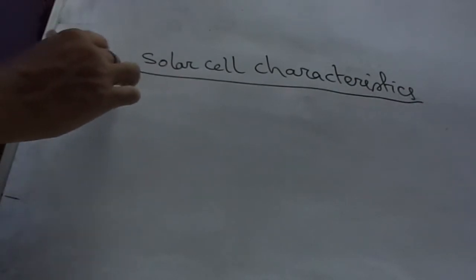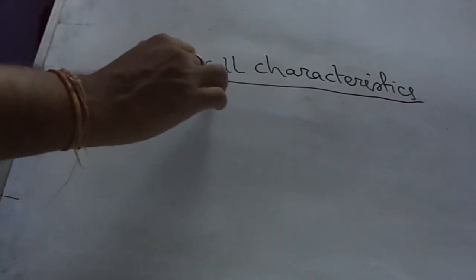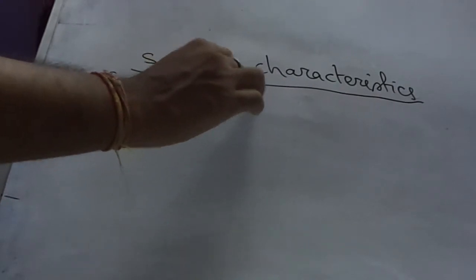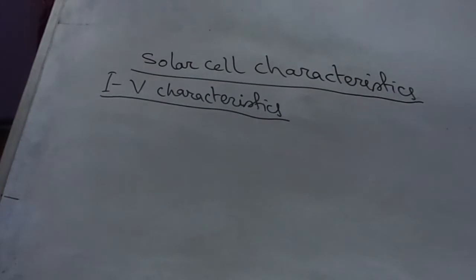I versus V characteristics. The well-known characteristics of an ordinary silicon PN junction is shown here.